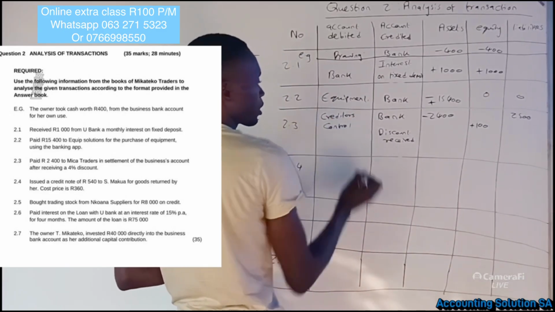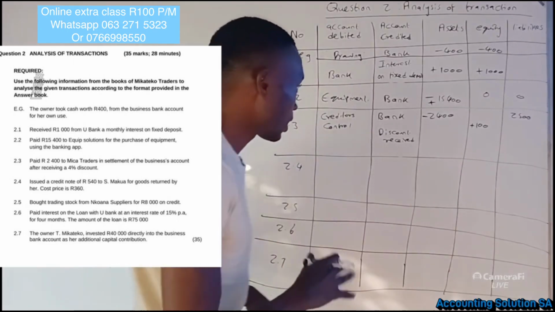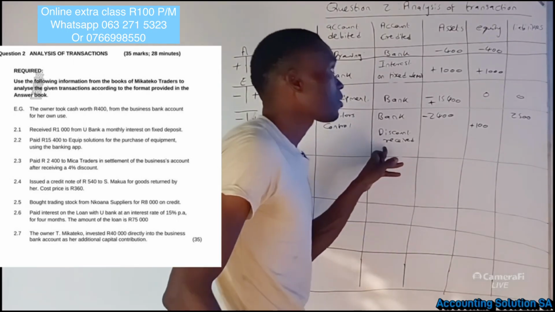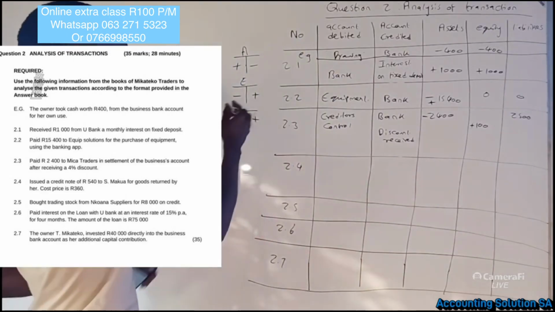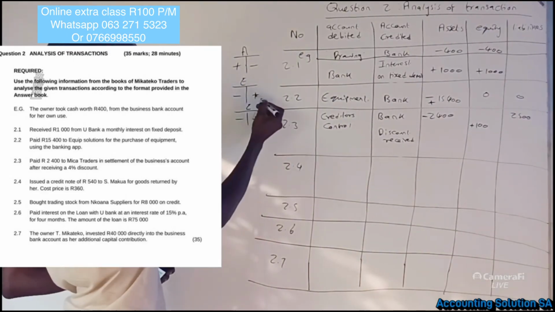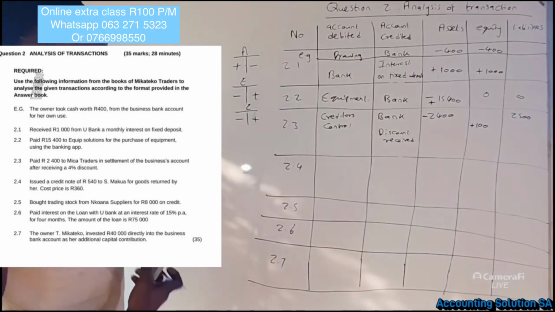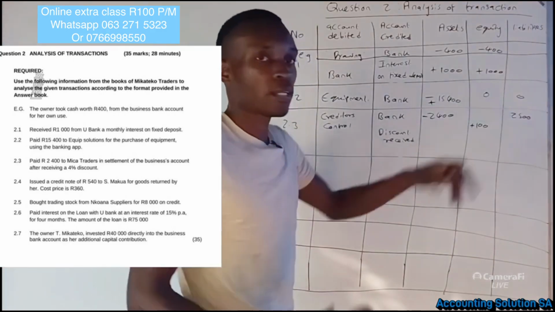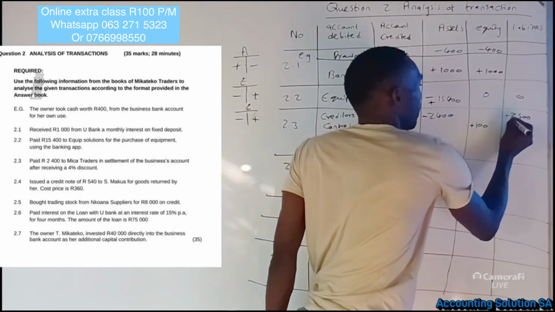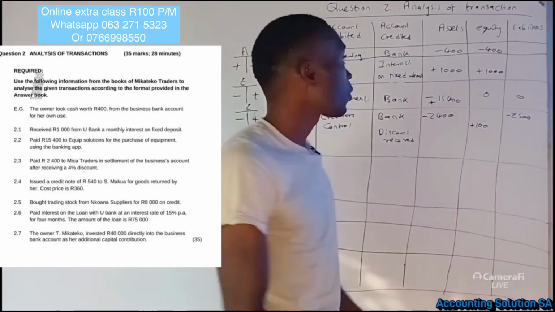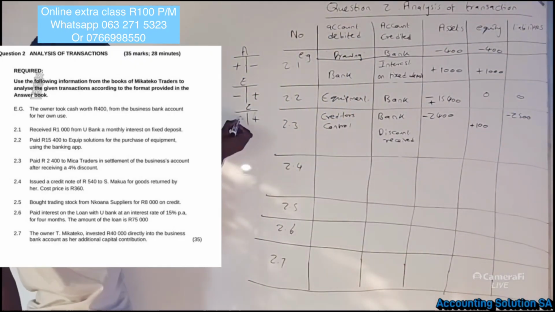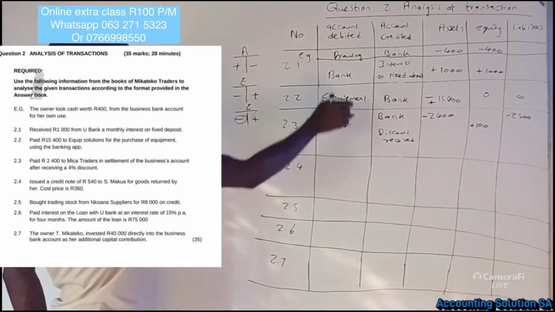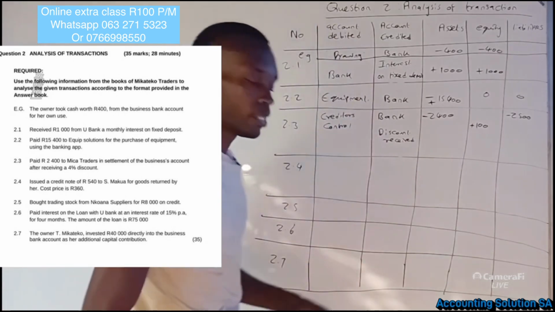I'm going to expand it in more detail so that you can understand. Discount received, guys, is income. It falls under what? Equity, which means that it's a plus. Now 2,500 is going to be a minus because we pay, we no longer have what? Liability. We reduce liability on the debit side. That's why our creditors control has been debited.